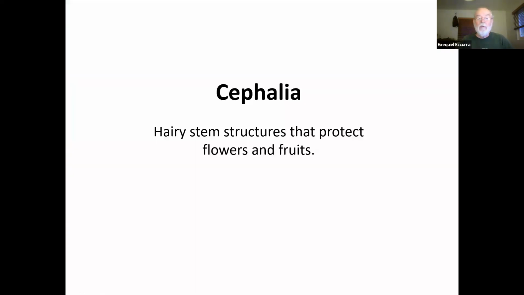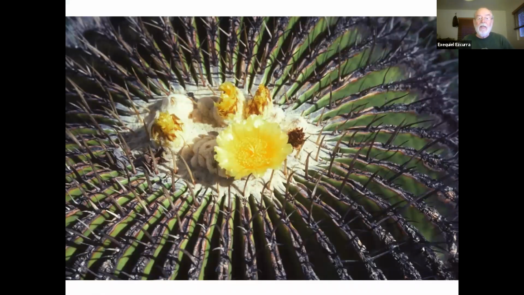Other things you will see, and you will see it in the botanical gardens, many cacti have these hairy structures in the apical bud where the flowers, the tender tissues of flowers and the top meristem are. And these tissues really are insulating tissues.